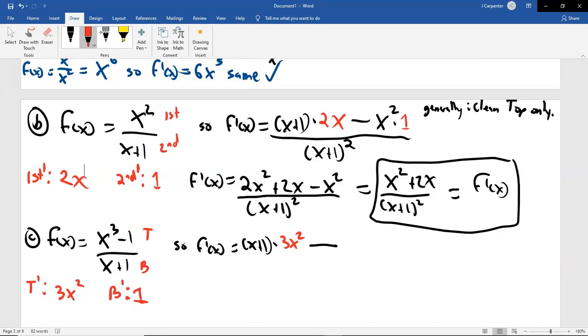So I like to go the top, which is x cubed minus 1, times the derivative of the bottom, which was 1. Then all over the bottom squared, which is x plus 1 squared.